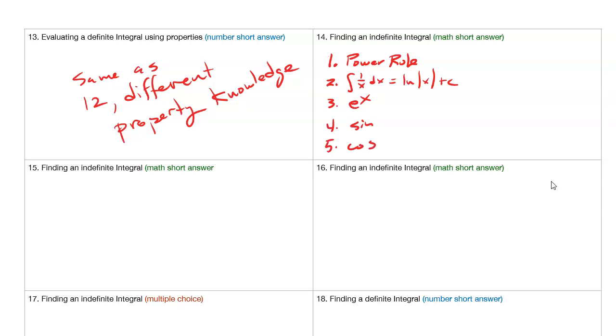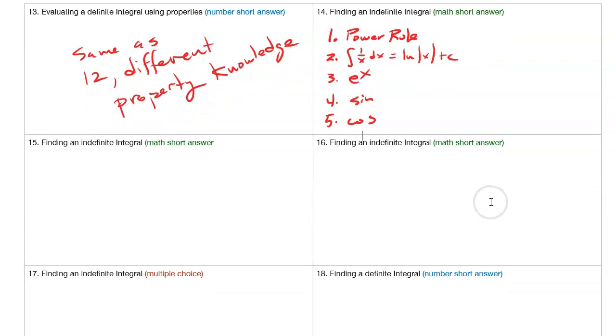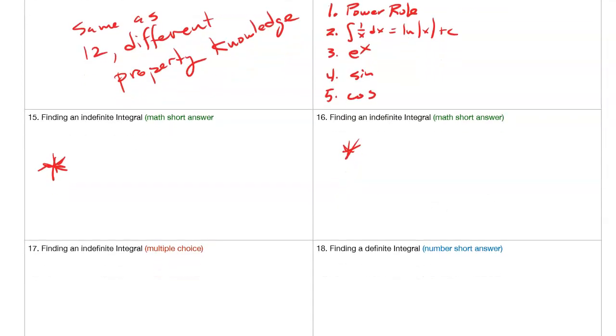So these 5 styles of integration are obviously going to be questions 14, 15, 16, 17. 17 is multiple choice, but nonetheless. Now, the only difference that can be part of these is that each question doesn't have to be only one. You could absolutely have a question that has multiple different things in it.